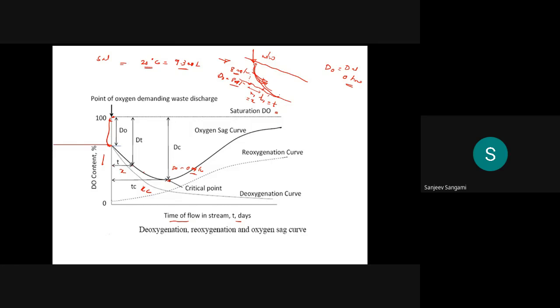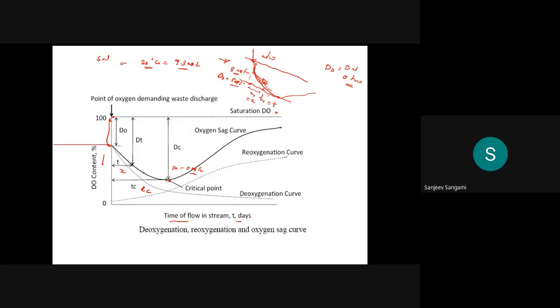Then when it travels some more distance, the oxygen will slowly increase like this. So as it moves some distance after crossing XC, the oxygen is coming back into the river.